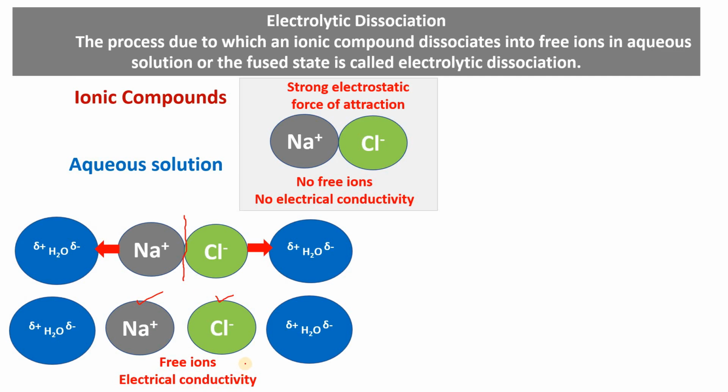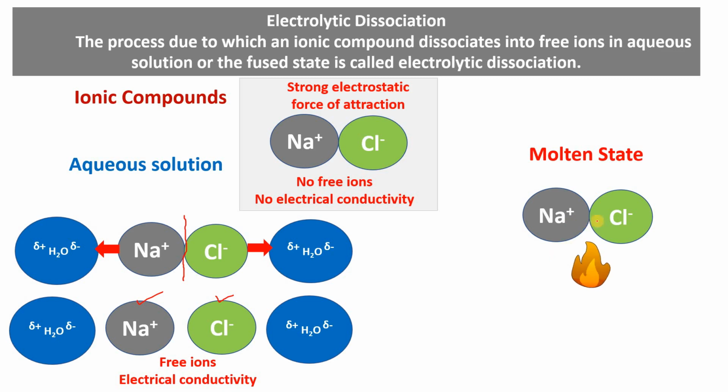In another case, if the same sodium chloride salt is in molten state, when can we bring sodium chloride into its molten state? If we provide heat energy to it. So when we heat the sodium chloride which is in solid state, due to that heat the sodium chloride changes its state from solid to molten state, or a liquid form.